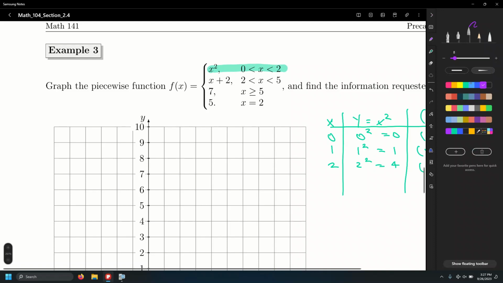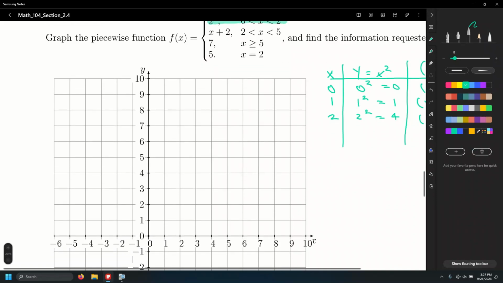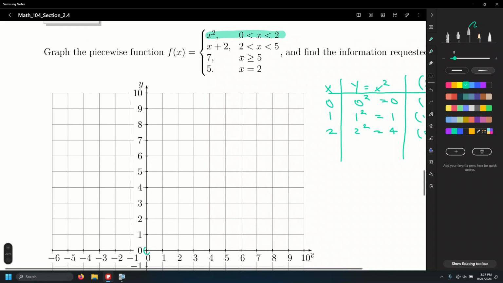So that'll be the point (0, 0), the origin, as a hole, (1, 1), and then (2, 4), that actually is a hole. And that's going to look like only a portion of the parabola, not the whole parabola, but with open circle endpoints. All right. So that's the first part.